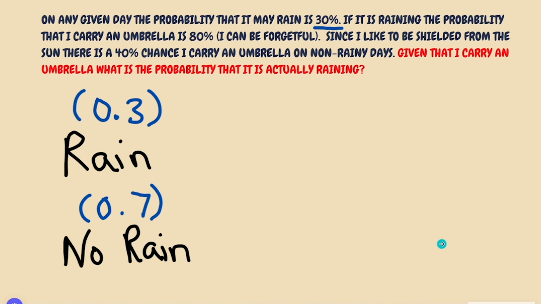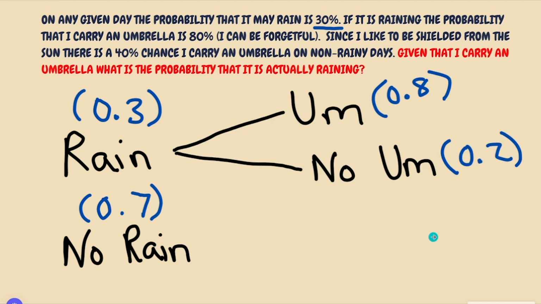It's either going to rain or not rain, or I'm either going to carry an umbrella or not carry an umbrella. So let's look at rain versus no rain. In my word problem, it's underlined in blue. I see that there's a 30% chance that it would rain. So that means that there's only a 70% chance that it won't rain, since 1 minus 0.3 is 0.7, and we have to have our probabilities add up to 1.